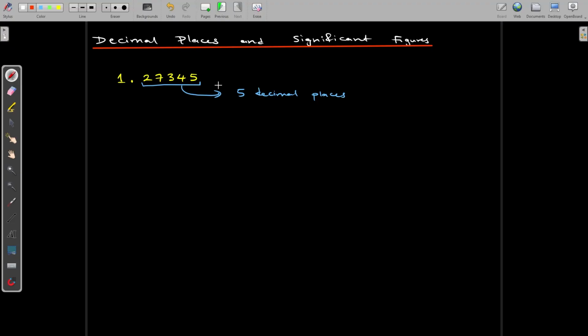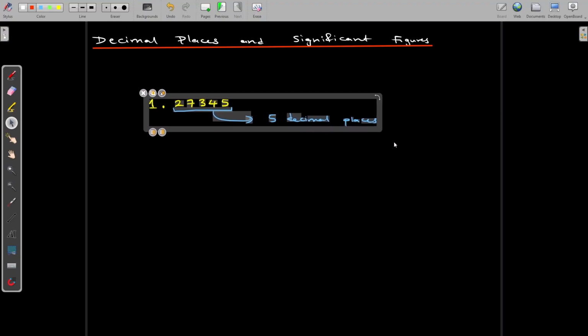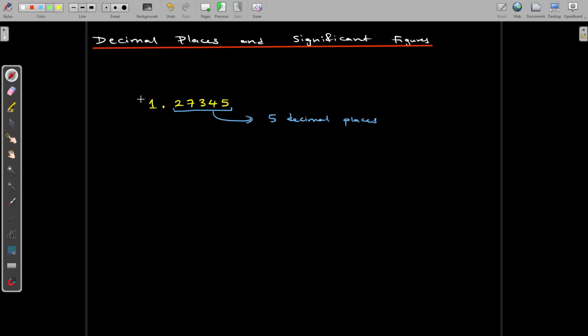Is that clear? Yes. So how many significant figures would we say this number has? Sir, what do you mean? Figures, like when you have the dance?